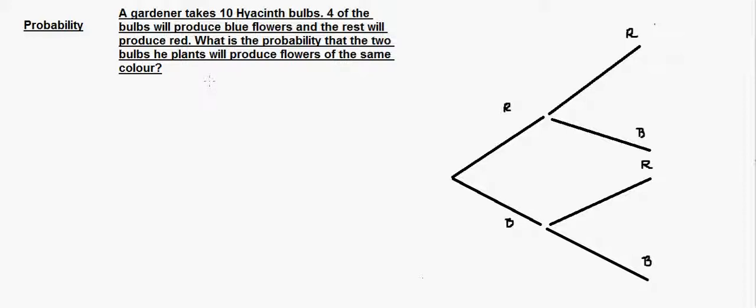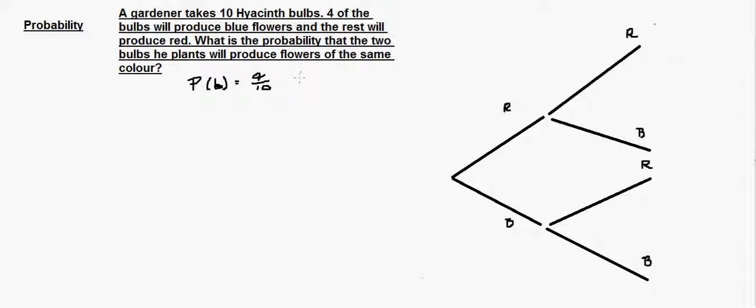So he takes 10 bulbs. Now we know that 4 will produce blue flowers. So the probability of blue is 4 of the 10.